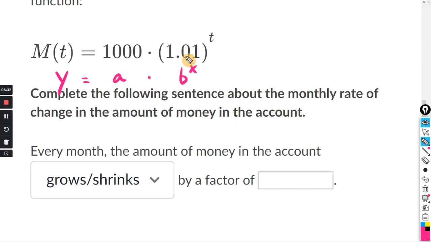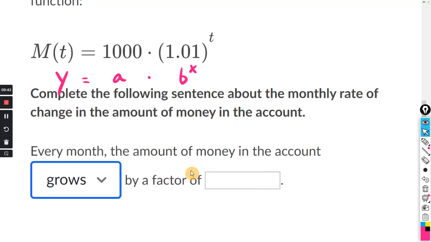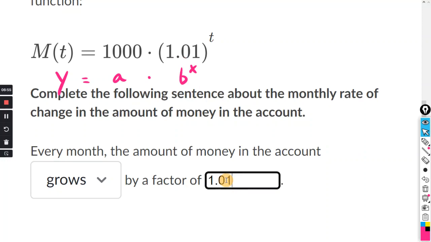So if the number b is greater than 1, the function is going to be growing or increasing. All right, so it's increasing or grows. And we don't have to do the percentage this time because it says factor of. That just means the multiple that it's being multiplied by each time. So it increases by a factor of 1.01.